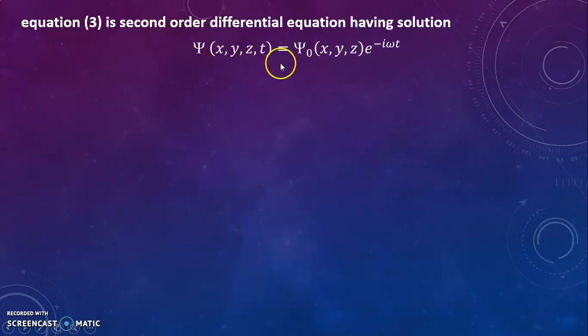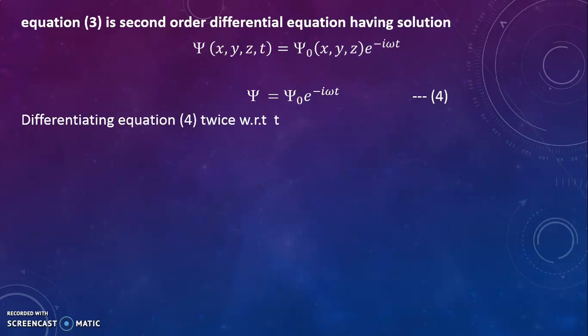In simplified form we can write psi is equal to psi naught e raised to minus i omega t. In this equation we have not written the variables. Let this be equation number 4.